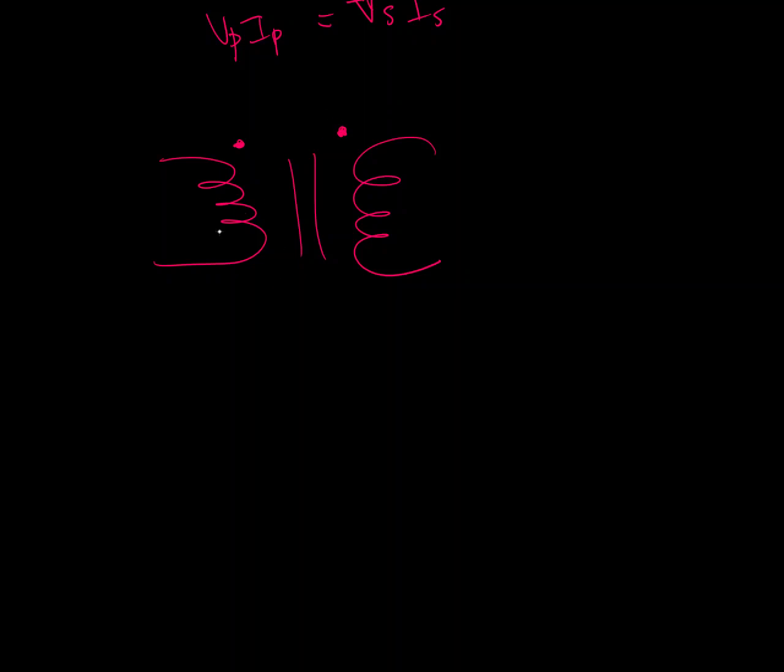And what that is telling you is that if you measure VP and VS with the scope, and you put the scope leads the same way so that the red lead is where the dots are, then VP and VS are going to be in phase.